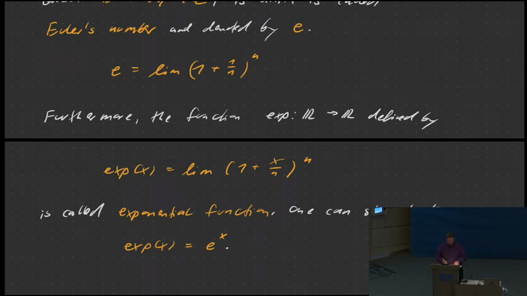And in particular, for arbitrary x values in here, one can also show that this converges in general, and one can then show that it converges to e to the power of x. So this is the limit of this function, or sometimes we'd also write this as exponential of x.